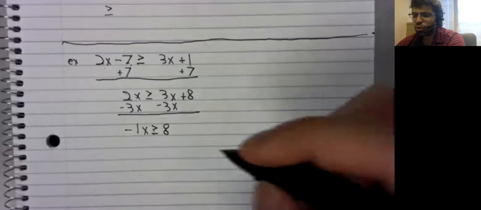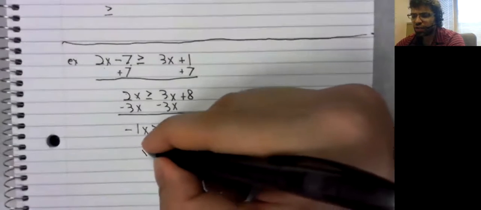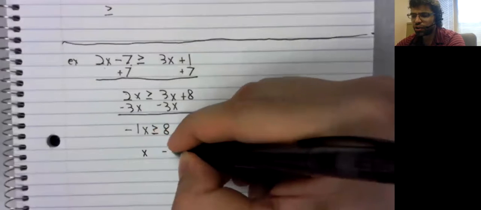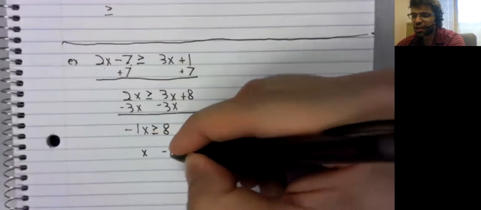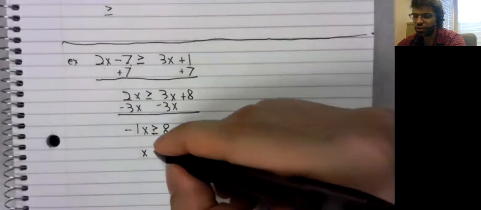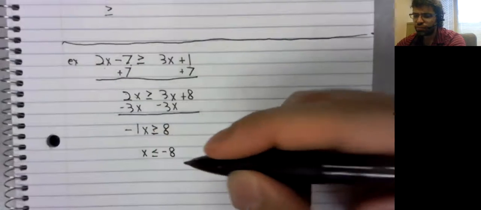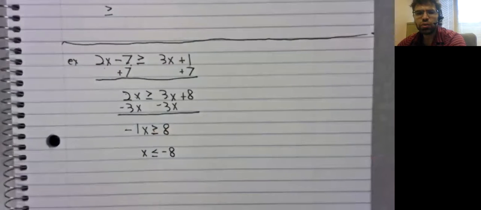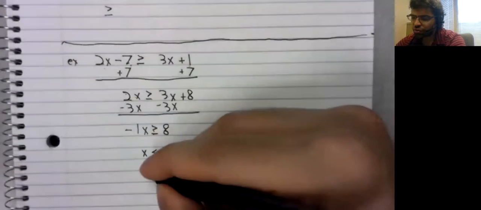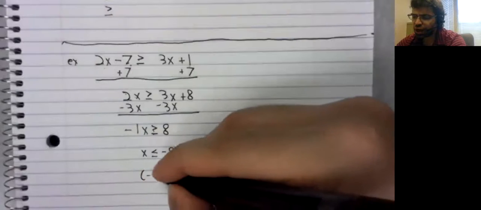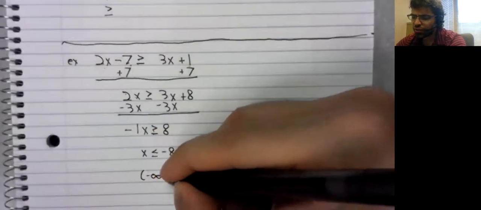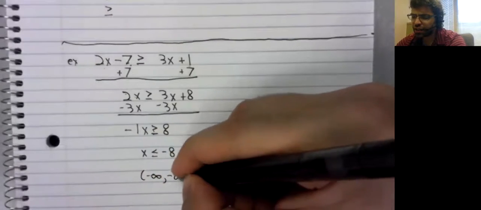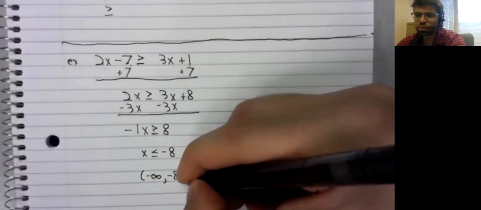And now we can multiply both sides of this inequality by -1 and greater than or equal to becomes less than or equal to, because you have multiplied by a negative number.